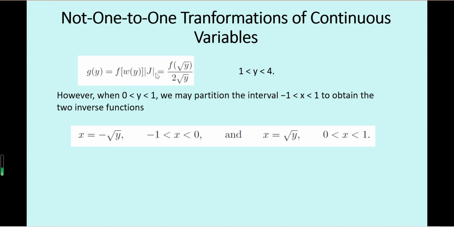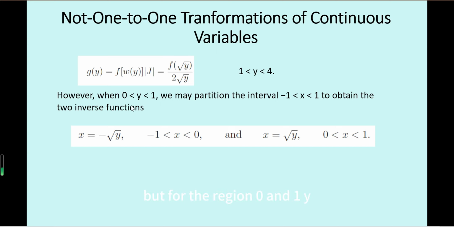Then we have to multiply by the J matrix. The J matrix is the derivative of x with respect to y. So the final result is the probability distribution of x with the value of square root of y, divided by 2 times square root of y, for the region between 1 and 4.